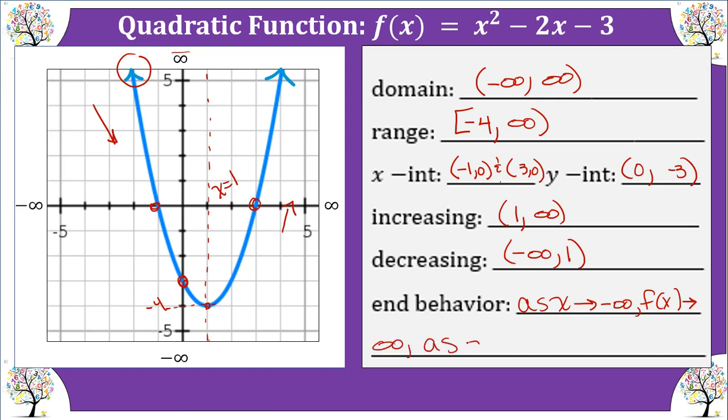And then as x approaches positive infinity, f of x, as the x values increase, the y values also increase. So you will notice on a quadratic, a parabola, the ends will always be the same. They'll either both be going up or both going down.